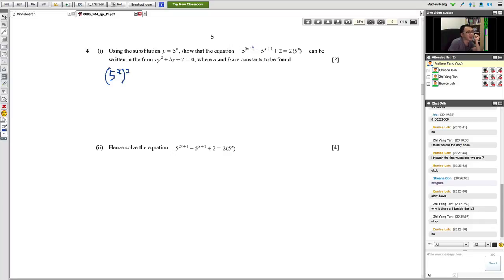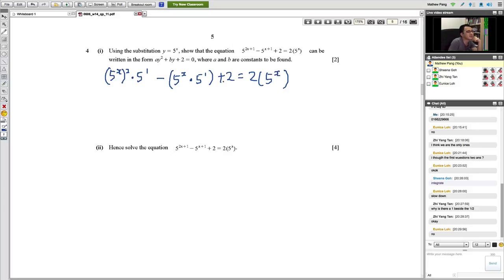When the power has a plus, we know it actually means multiplying by 5 to the power of 1. So this is 5 to the power of x plus 1, meaning I multiply by 5 to the power of 1. And then plus 2 equals 2 times 5 to the power of x.